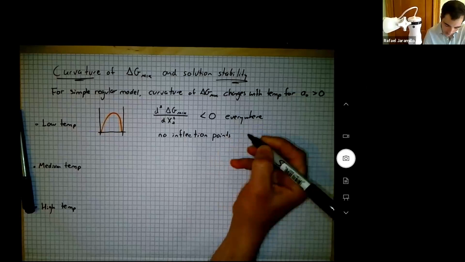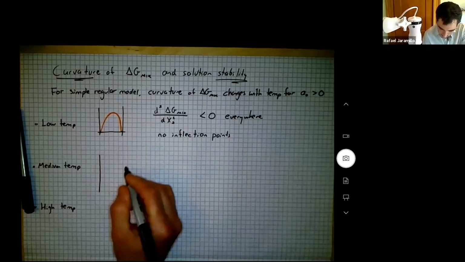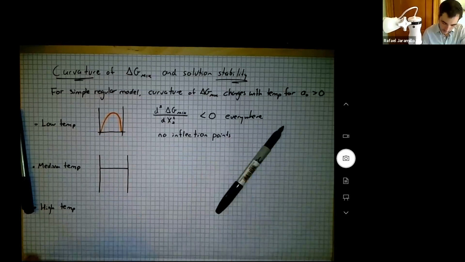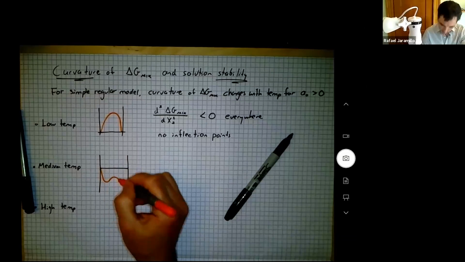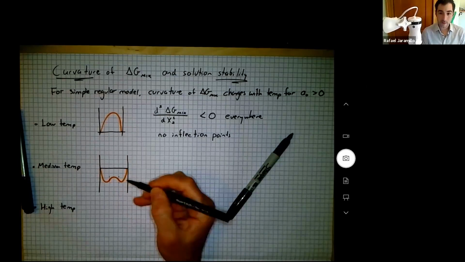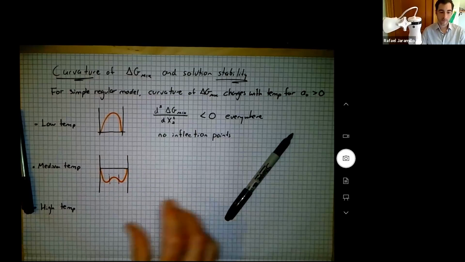Okay. At intermediate temp, medium temperature, we might have something like this. That individual has two inflection points. Let me make that a little bit darker. That individual has two inflection points.